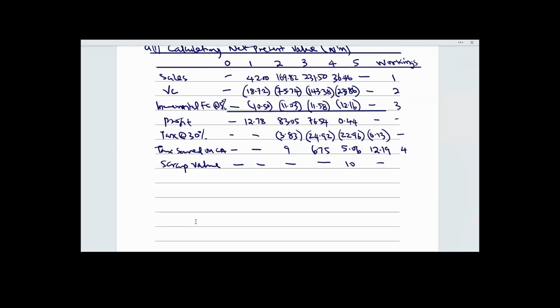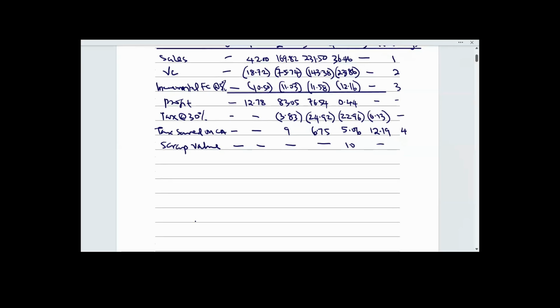But because of tax, we have extended the year by 1. If you are not careful, you can mistakenly put this scrap value of 10 million in year 5. The reason why we extend to year 5 is because of tax. The useful life of the project generally is 4 years. Then the next item from our format is initial outlay.